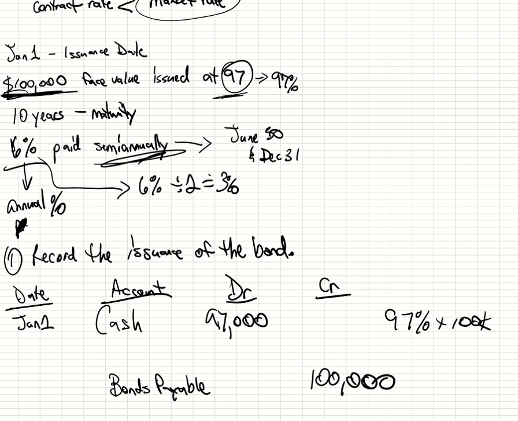That's the face value. That was what was displayed on the bond. Now you notice there's a difference here, and that difference is going to be $3,000, so 100K minus 97K, and that difference is going to be debited to an account called discount on bonds payable. Discount on bonds payable, and it's going to be for $3,000.